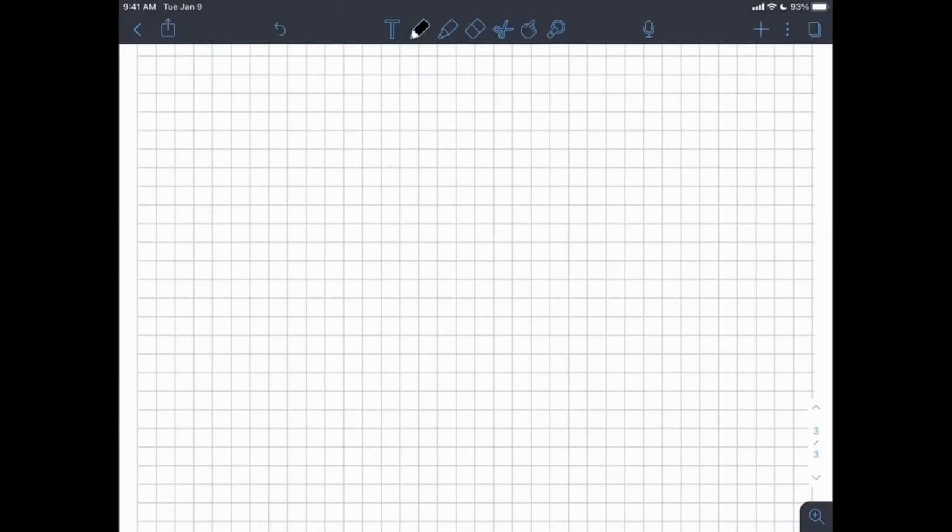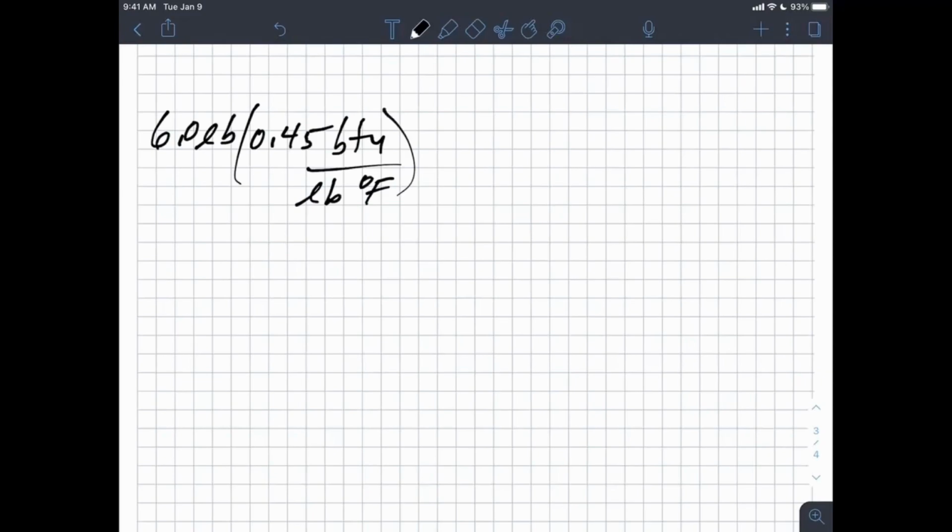All right, so on the left, we have 6 pounds for the cooler and its specific heat, 0.45 BTU per pound degree F. We're going to add that to the 6.5 pounds of grain and its specific heat.